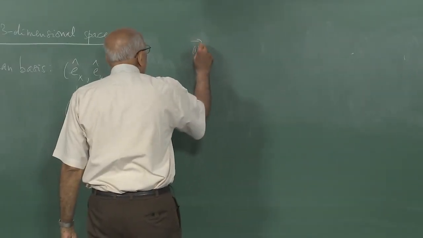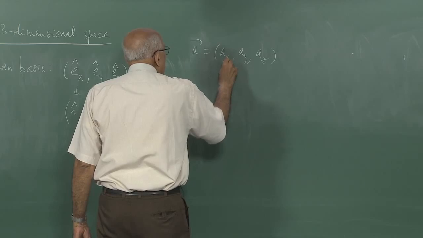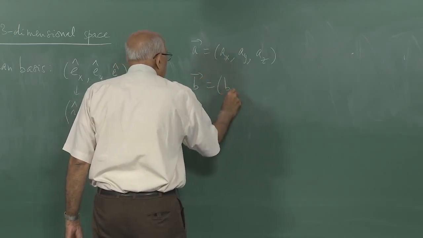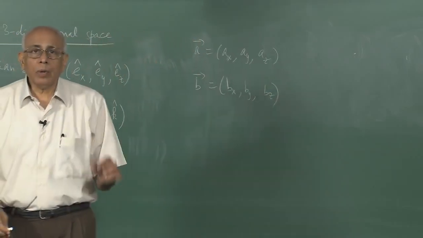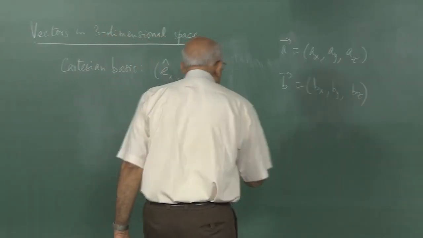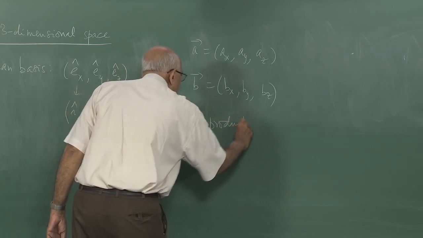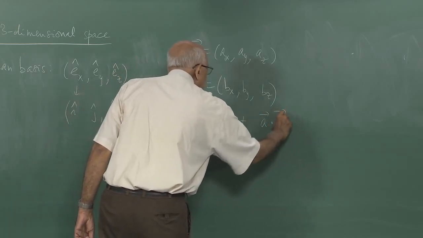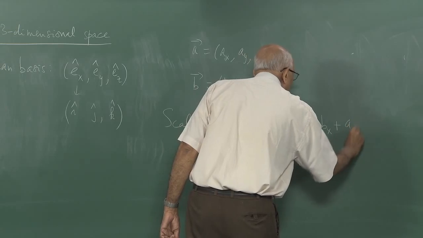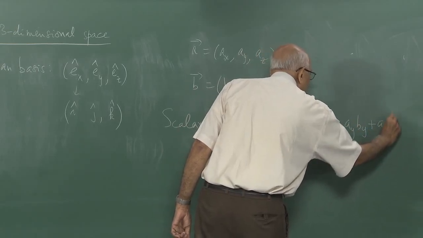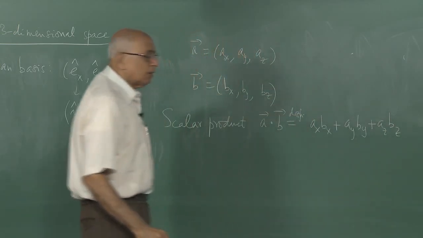So if you have a vector A which has components Ax, Ay, Az, and a vector B which has components Bx, By and Bz, then the so called dot product or scalar product of A and B, written as A dot B, is by definition equal to Ax Bx plus Ay By plus Az Bz, and this is the definition. It is defined in this fashion.